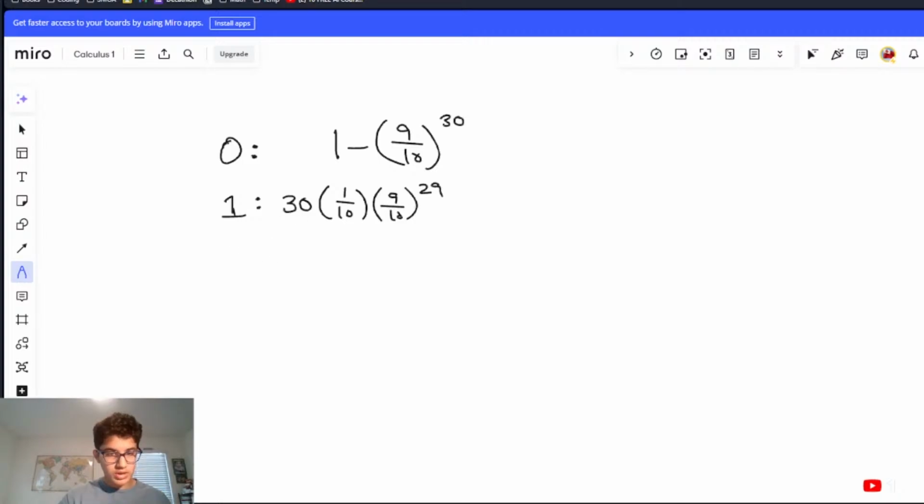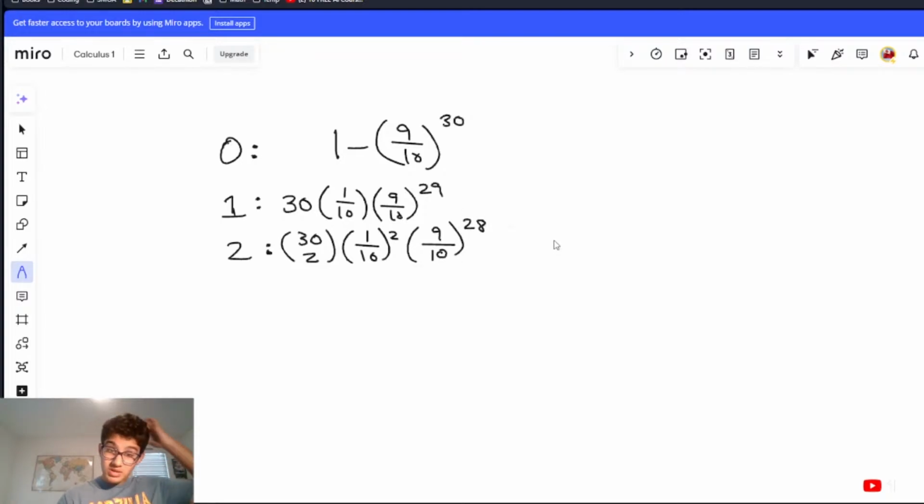And if it rains on 2 days, it'll be 30 choose 2 times 1/10 squared times 9/10 to the 28th. These are very ugly answers, right? So let me take out my calculator and see. And we want it as a decimal to the nearest thousandth.